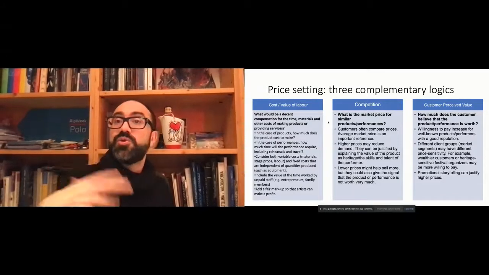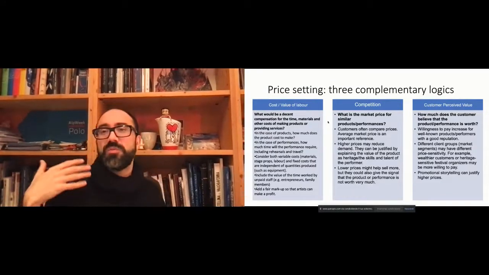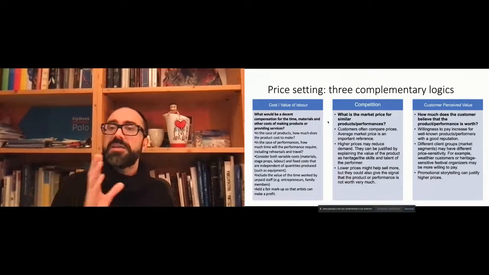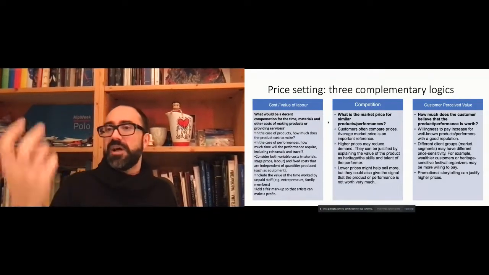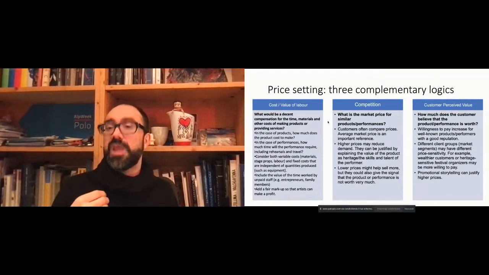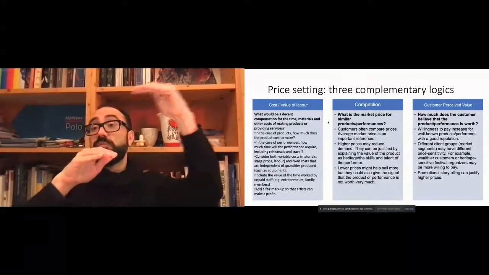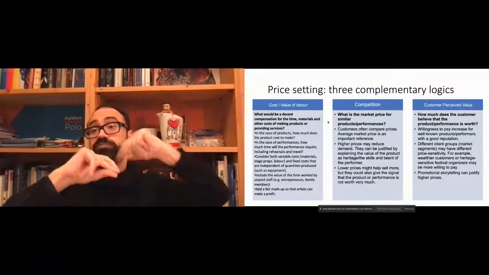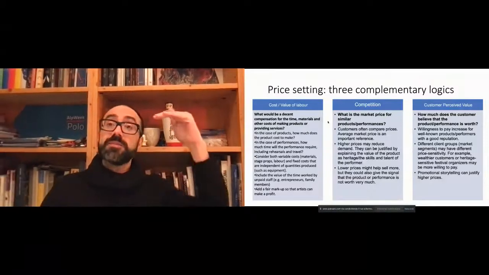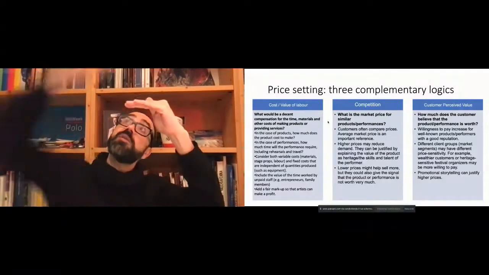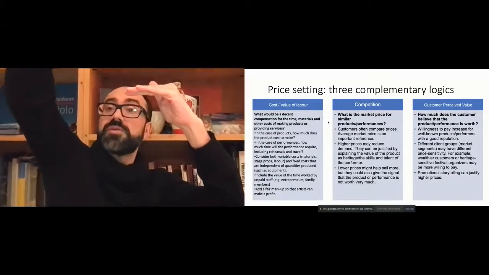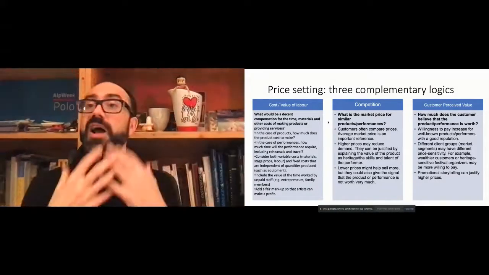And finally, the third logic, which is the most market-oriented logic, is how much a given customer is willing to pay. Maybe your price is high and they are not willing to pay that price, so no sale. Sometimes the price is here, but they are willing to pay much more because they give more value.